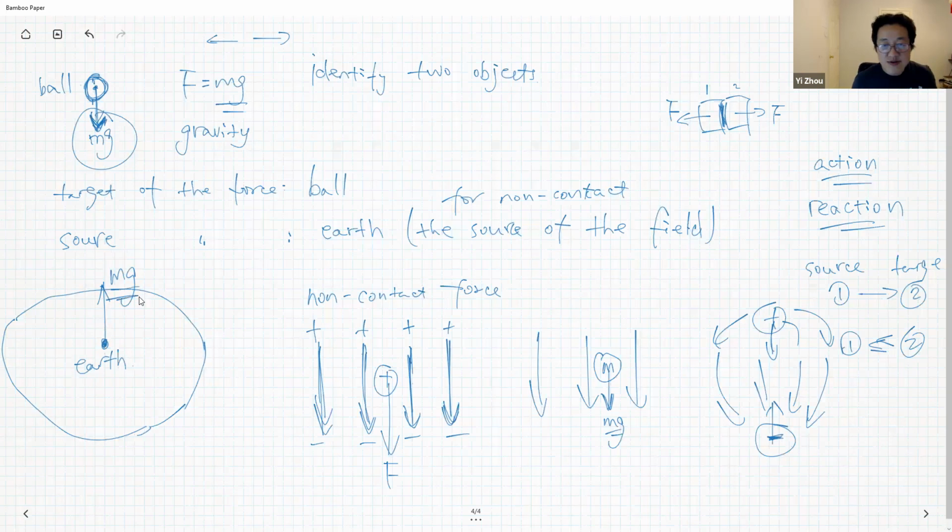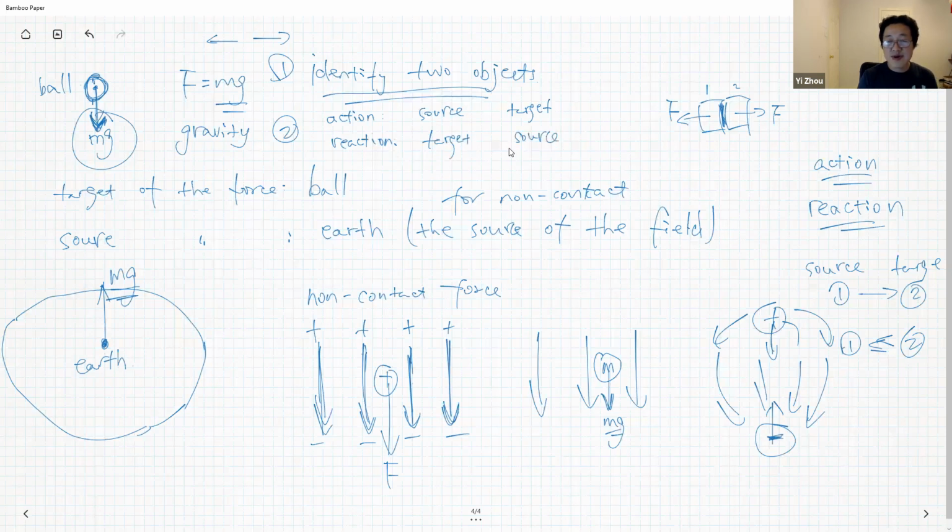So the rule is you need to identify two objects, then you have the action. You identify two objects, source and target. Then for the reaction, the source becomes the target, and the target becomes the source.